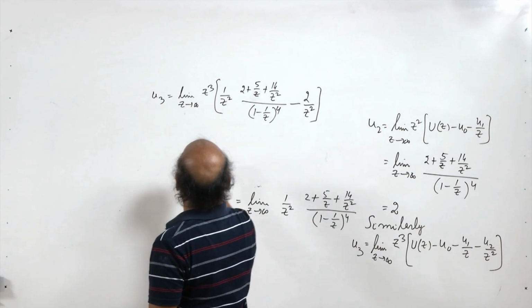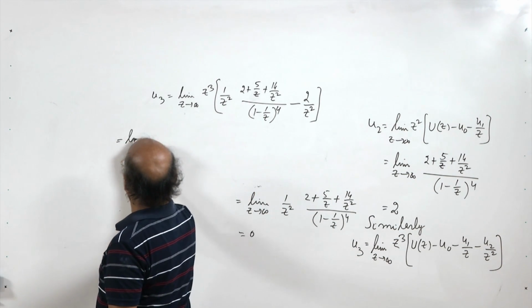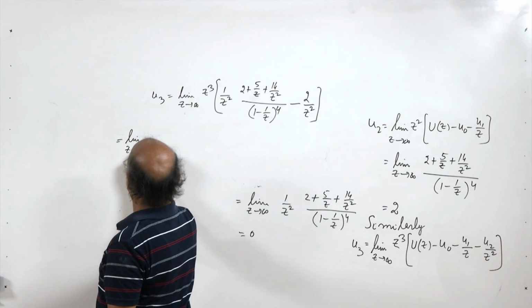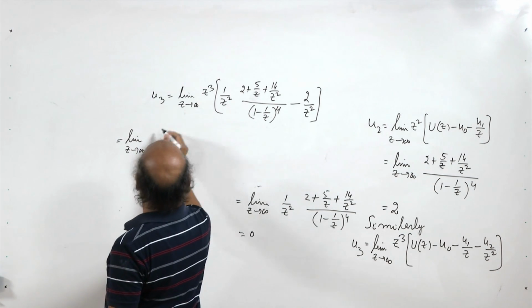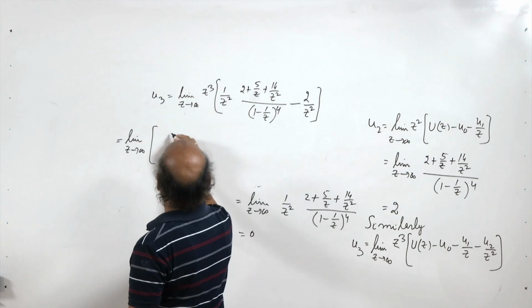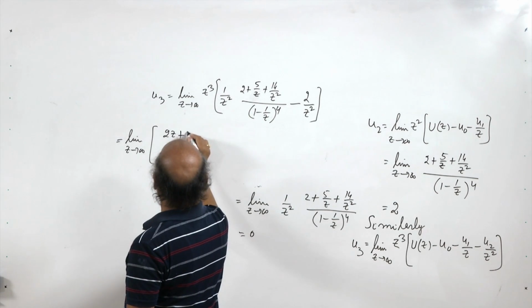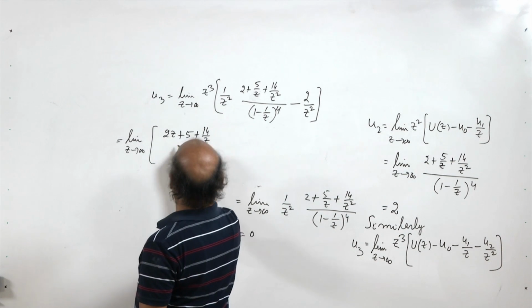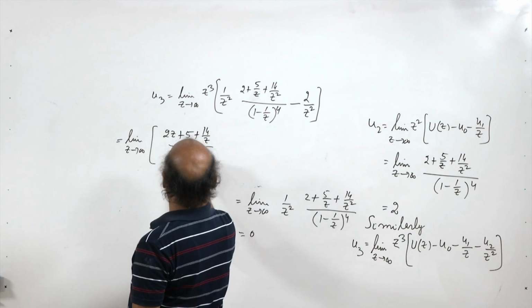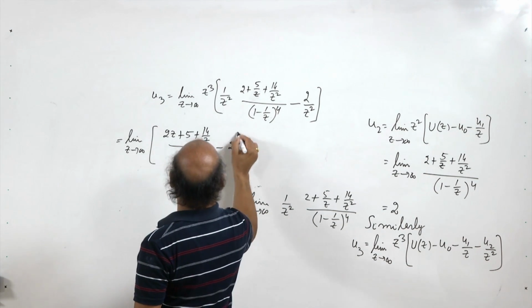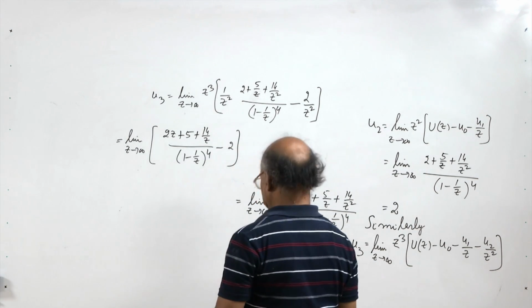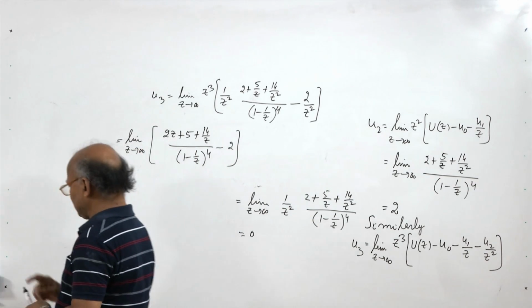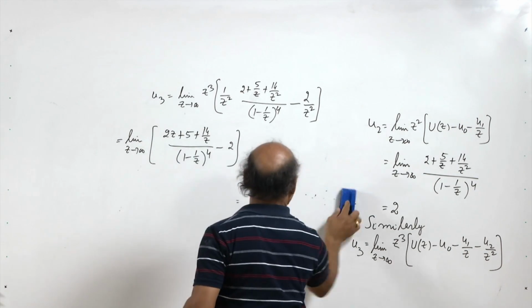Z cube can be multiplied. So, this is the limit as z goes to infinity of z cube, when multiplied, gives you 2z plus 5 plus 14 by z, divided by 1 minus 1 by z to the power 4, minus 2, and we can simplify it further to find the limit.